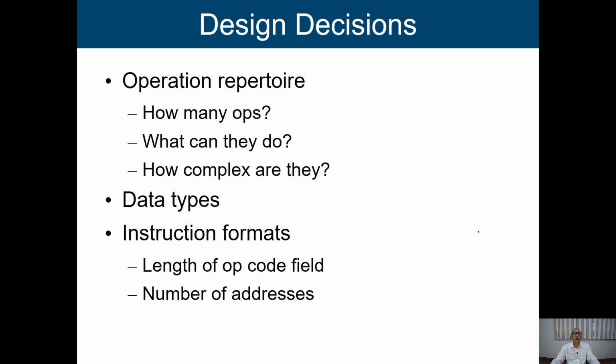I talked about the operation repertoire, which is how many operators we are going to give, what they are going to do, and how we are going to implement them. We take these design decisions appropriately, and after that we implement those instructions.